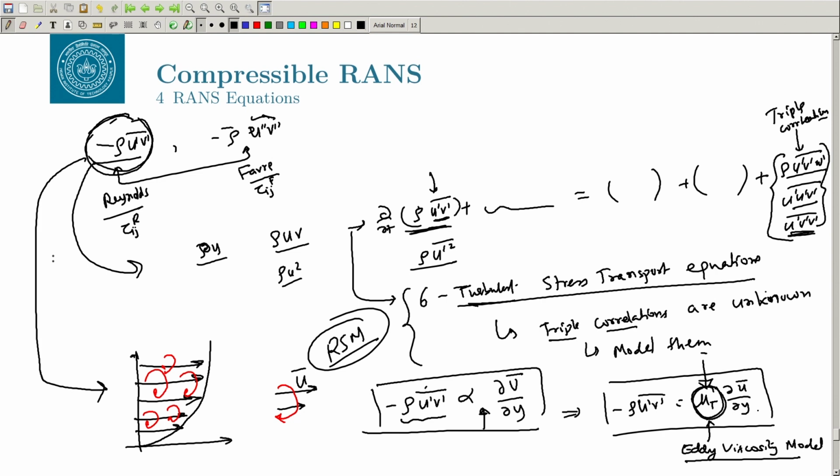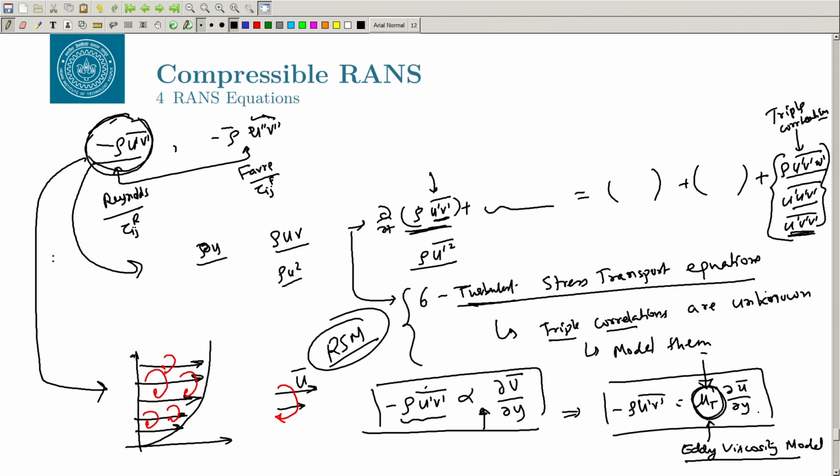Even v2-f and such models. So, ultimately we have to find that eddy viscosity, and we have reduced our problem to a single unknown. We will see in the next class what the different eddy viscosity models are and how we use them.